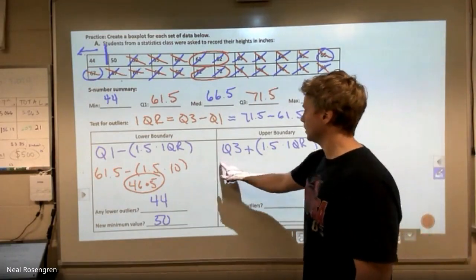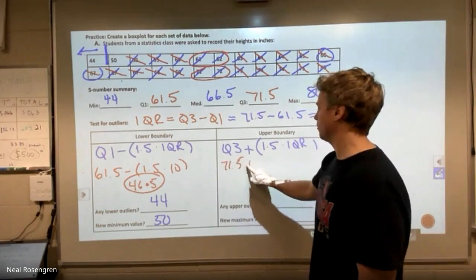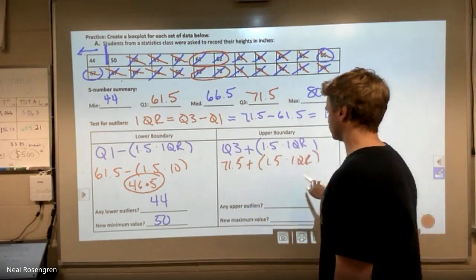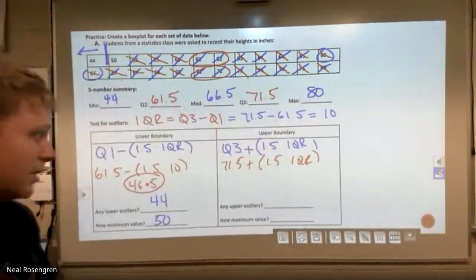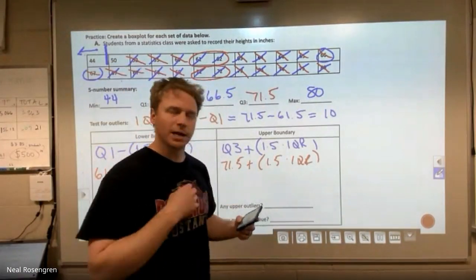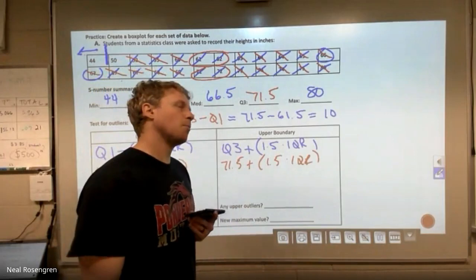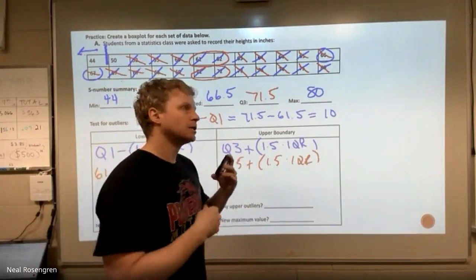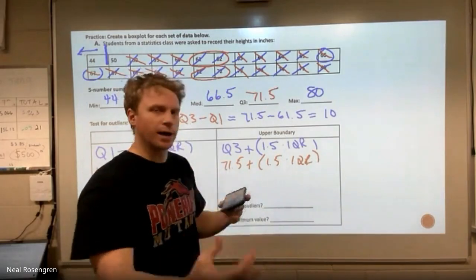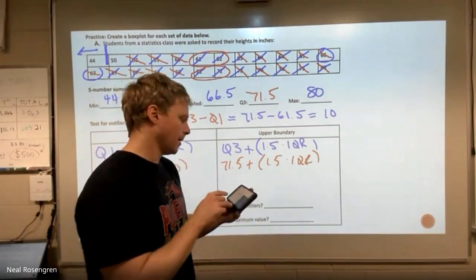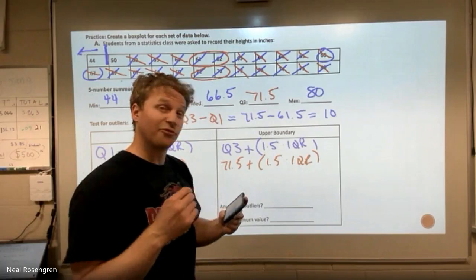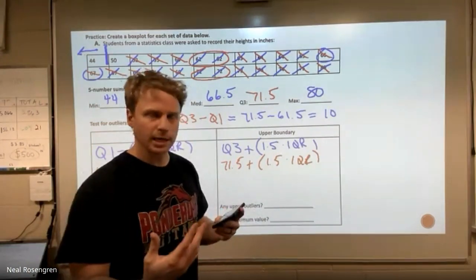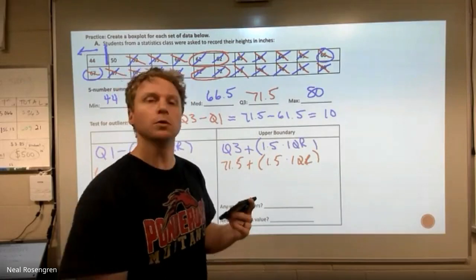Okay, and the same thing up top here, 71.5 plus that 1.5 times the IQR. I let the math take care of itself here. That's the thing about stats that I really like. It's not so much like algebra where you have to know certain steps and I got to add and subtract the same thing or multiply, divide. A lot of statistics is formulas that we can look up and just plug our numbers in and let it take care of it for us, or graphs that we can use that are already there.